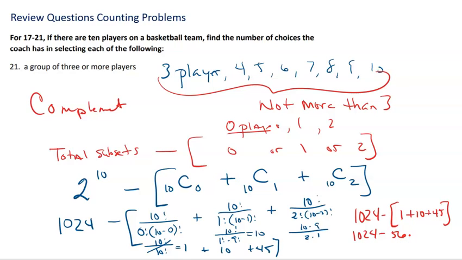And 1024 minus 56 gives me 968 possibilities for having 3 players, or 4, 5, 6, 7, or 8 players, which is a group of 3 or more players.